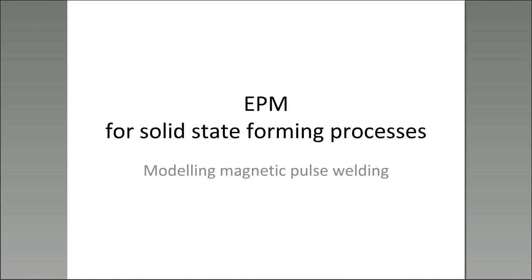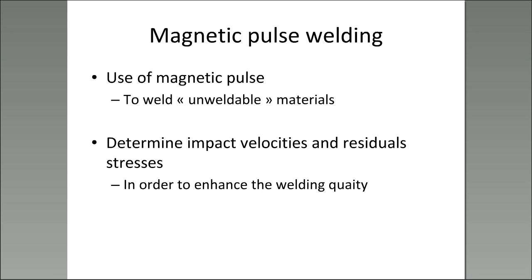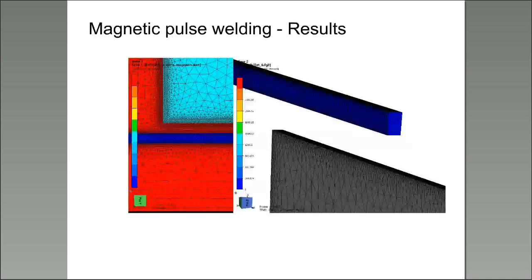So, for solid state powering processes, for instance, modeling magnetic pulse welding processes. Magnetic pulse welding is used, for instance, to weld materials unweldable by classical processes. The idea is to determine impact velocities and residual stresses in order to enhance the welding quality.